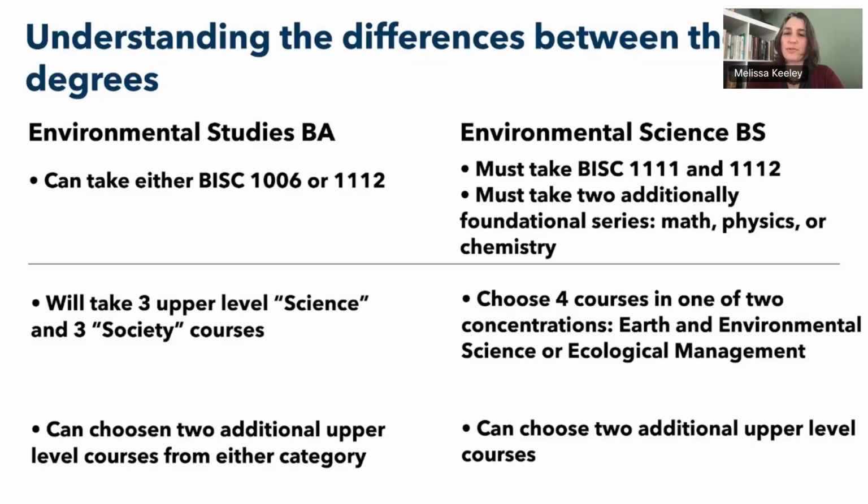So 2 of those 3. Our science students choose 4 courses in one of 2 concentrations: earth and environmental science or ecological management. And then they have flexibility to choose 2 additional upper level classes in either of those concentrations.